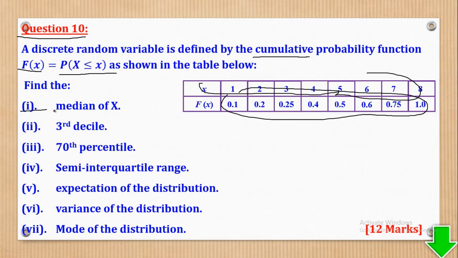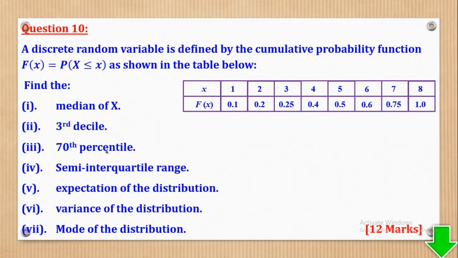Roman 1, find the median of x. Roman 2, the third decile. Roman 3, the 70th percentile. Roman 4, the semi-interquartile range. Roman 5, the expectation of the distribution. Roman 6, the variance of the distribution, and Roman 7, the mode of the distribution. So let's see how each of these is got.